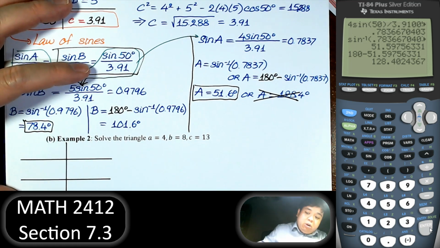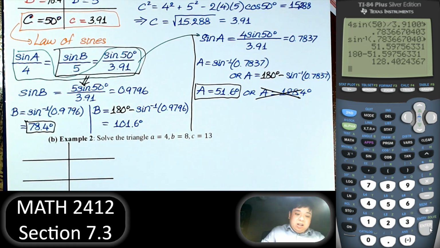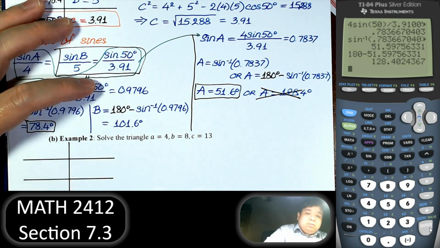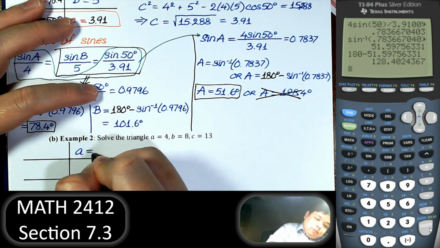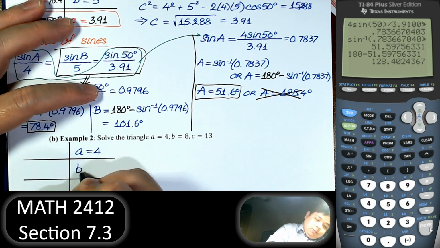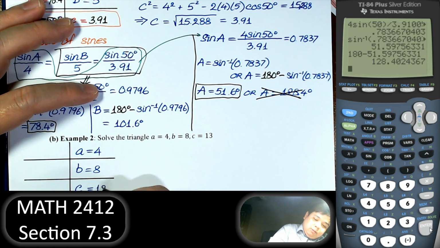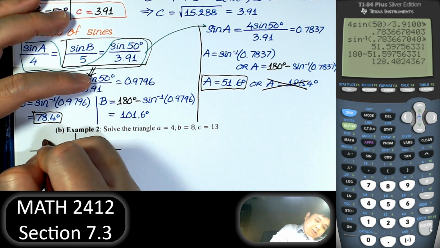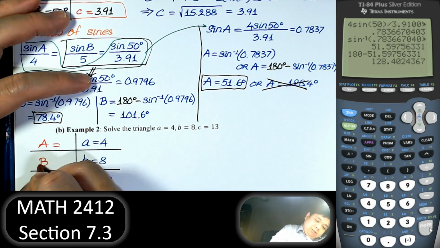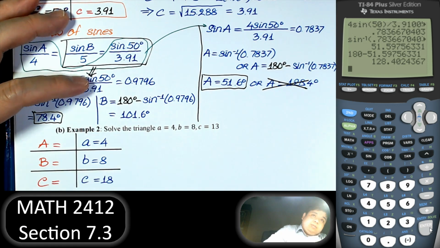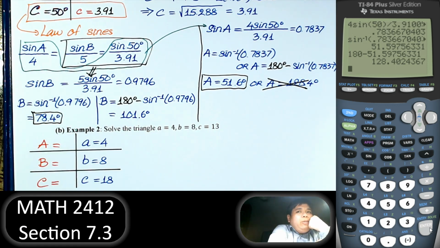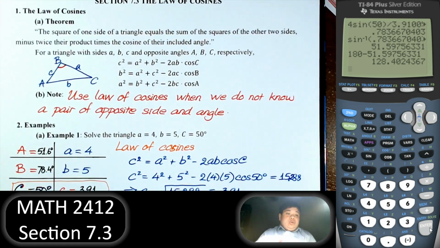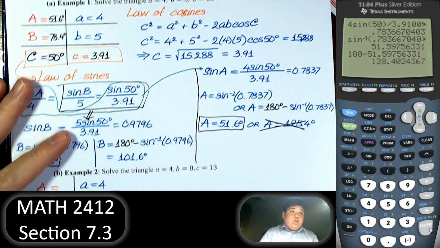This triangle, we only know all about the sides, we don't have any angle. So, of course, we use the law of cosine here because we cannot use the law of sine.